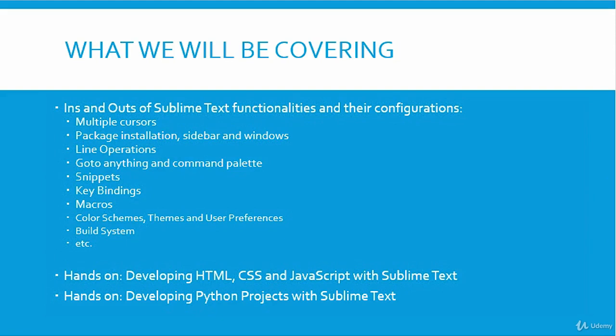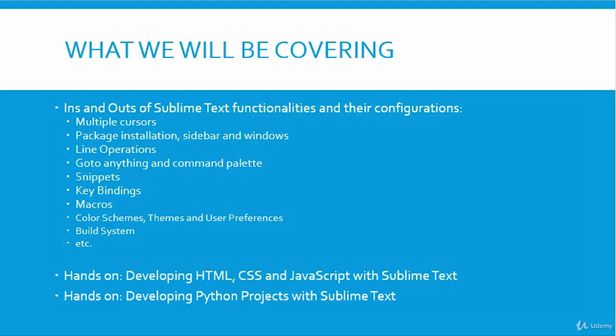We will also have 2 hands-on projects. In the first project, we will guide you step by step on how to make use of Sublime Text to develop a web page with HTML, CSS, and JavaScript. In the second project, we will develop a Python project with Sublime Text by making use of Sublime Text build system.